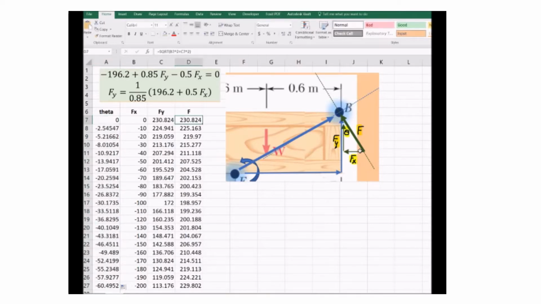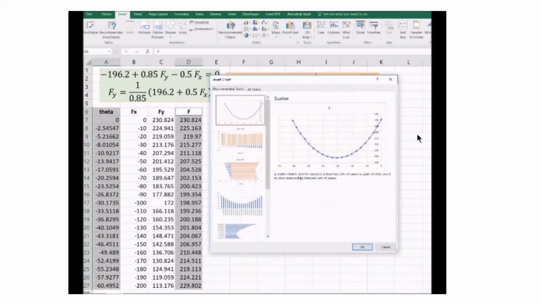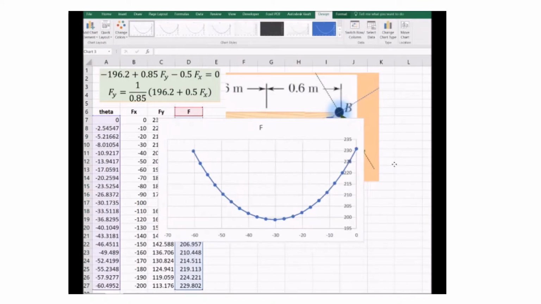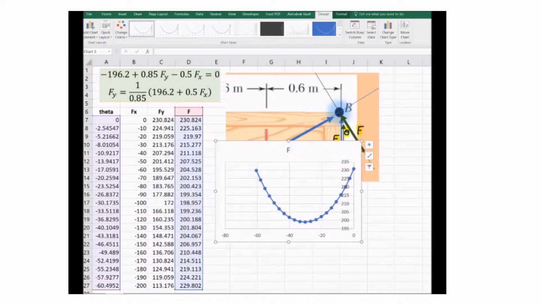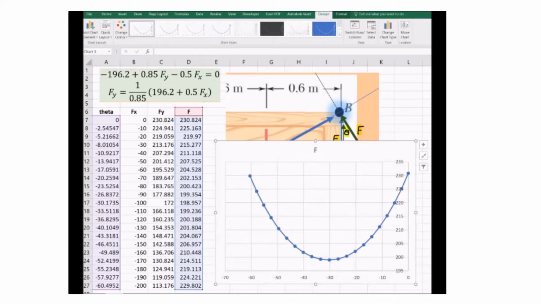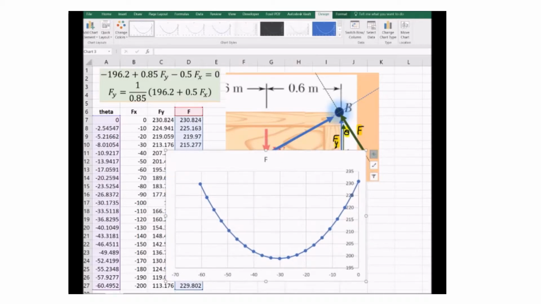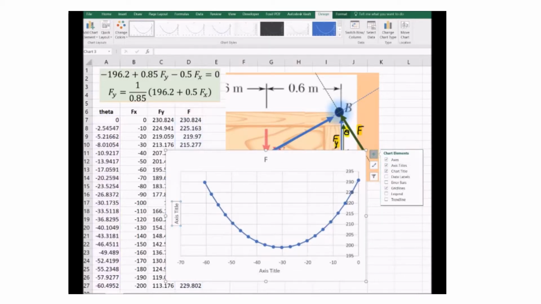Once we have all of those numbers set up in a table, I'm holding the control key. If you highlight a column and then hold the control key down, you can skip columns. Whatever is in the first row, that's what it's going to graph in the x-axis, and the subsequent rows end up showing up on the y-axis.